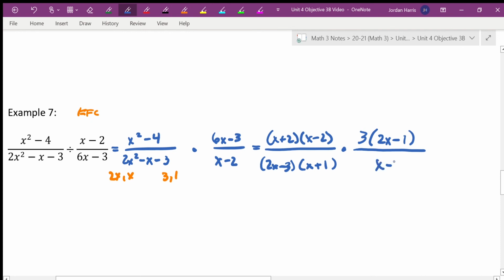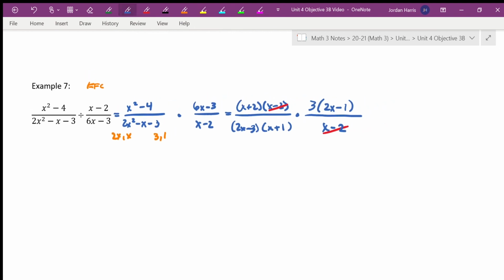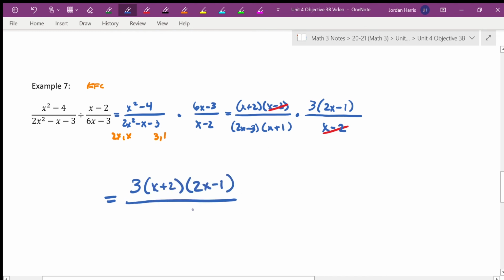Over x minus 2. Okay? So one thing simplifies. That's it. All that factoring for just one thing to simplify. So we end up with 3 times x plus 2 times 2x minus 1 on the top. And on the bottom, I have 2x minus 3, x plus 1. And that's it. Done.